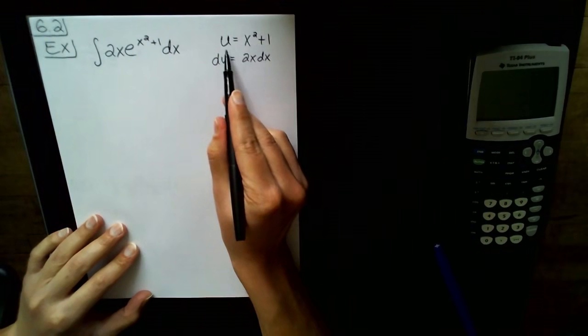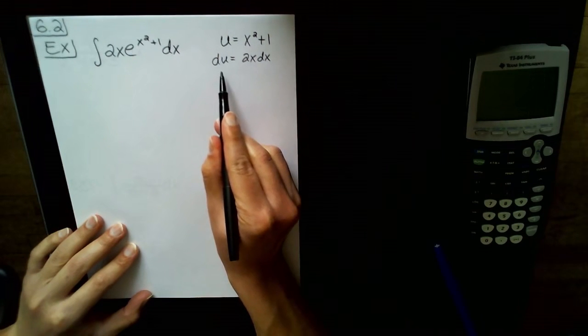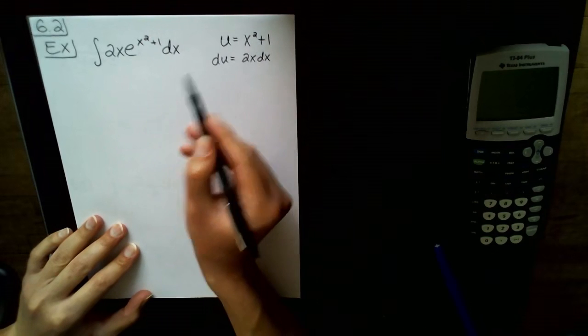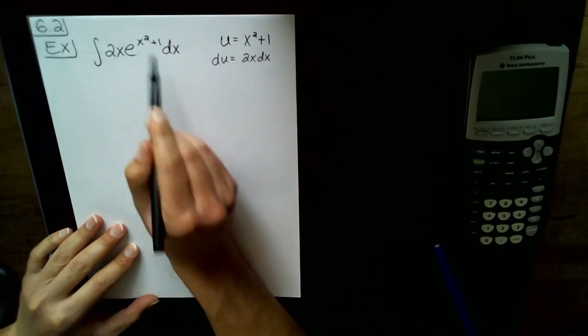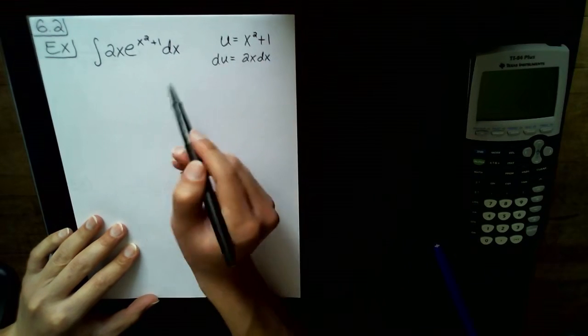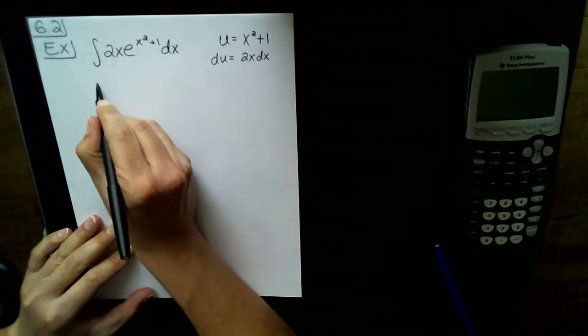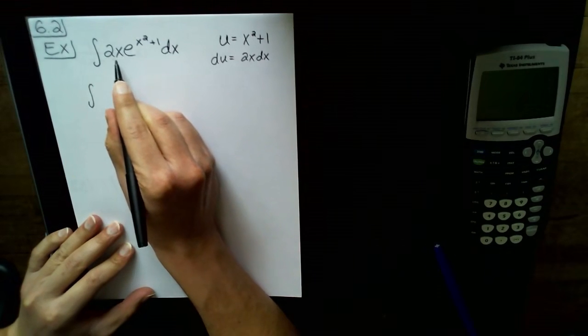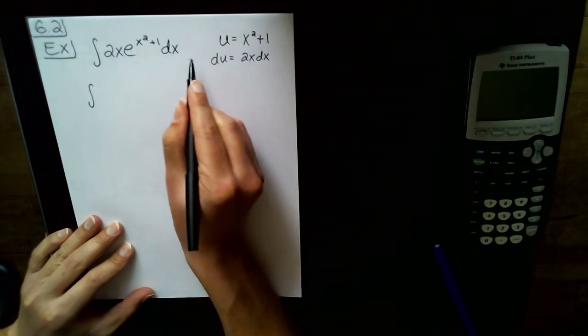And with this u and this du, we can substitute them in, hence the u substitution. We can substitute them in and replace our variable x with u's. So we get the integral of 2x e to the x squared plus 1 dx.